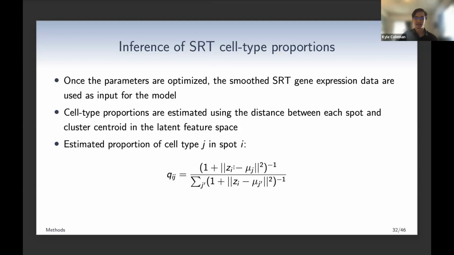This time, though, instead of Zi being the embedding for cell i, it's the embedding for spot i in our SRT data set. And instead of representing the similarity between cell i and cell type j, Qij represents the estimated proportion of cell type j in spot i. We calculate this metric for all spots and all cell types in order to come up with our estimated distribution of cell types throughout all spots in the tissue section.